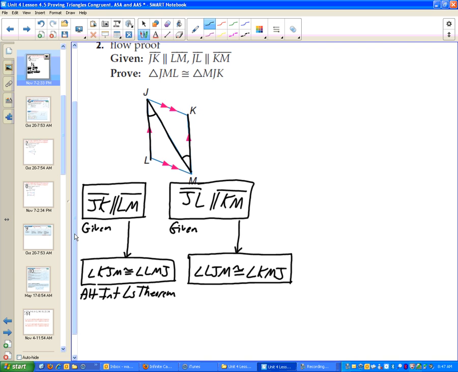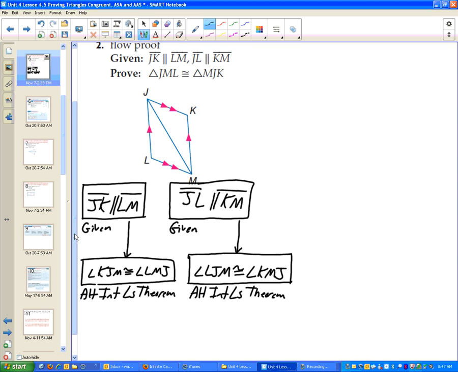And what's our reason? Alternate interior angles theorem. So that gives us our two pairs of congruent angles.